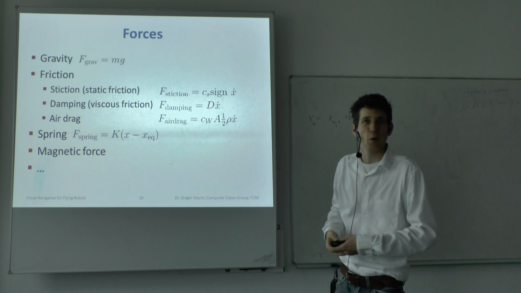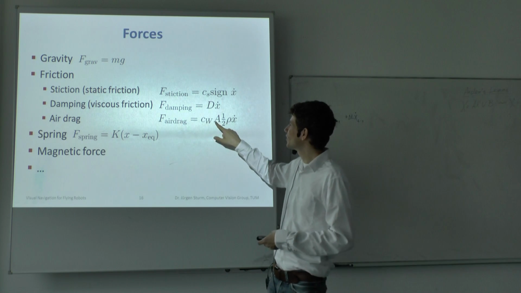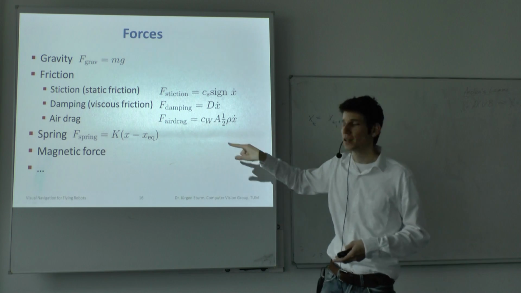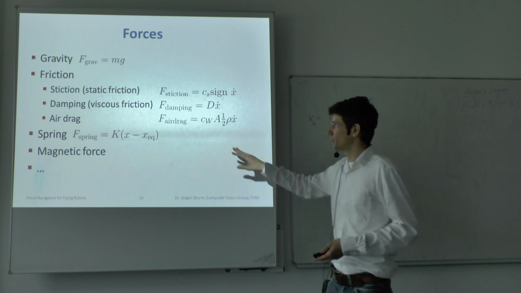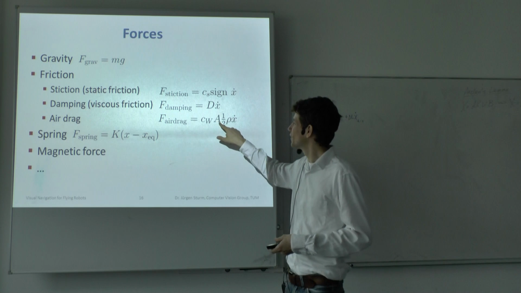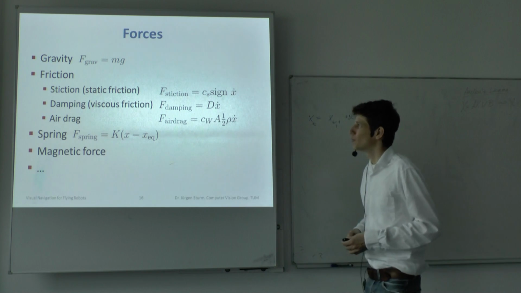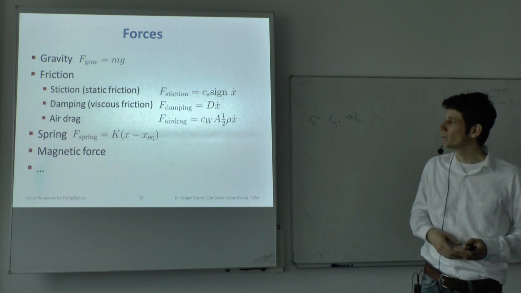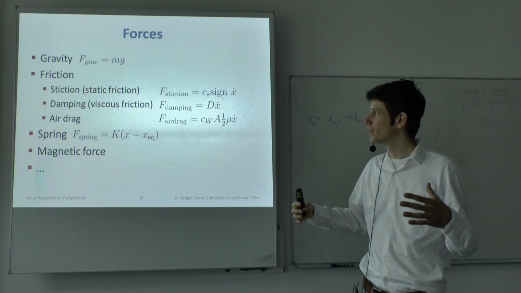But if you have an underwater robot, then this rho here can be completely different. And it depends on the surface of your object. And of course, this CW value. And the better shaped your object is, the lower this CW value will be. For example, on the Ardrone, you might have seen, or you definitely have seen, the indoor hull.